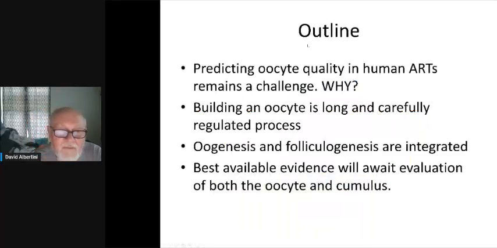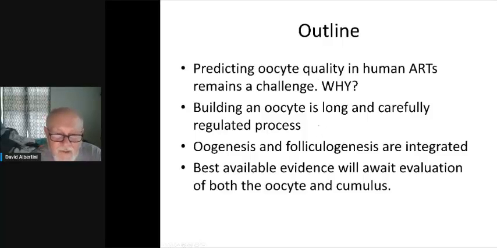So our outline for today is to see exactly what has been accomplished in the way of predicting oocyte quality in human ARTs. And as I mentioned, it remains a challenge. So we'll look at exactly why this has been the case.